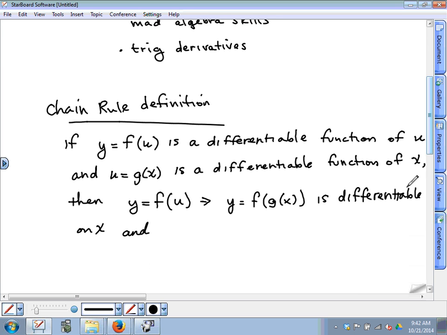And here's how you find the derivative. If you have something that's f of g of x, the derivative dy dx equals the derivative of y with respect to u times the derivative of u with respect to x.